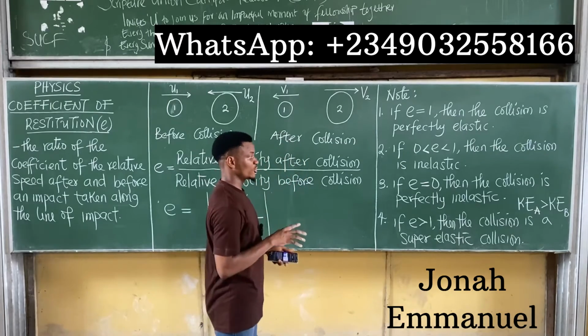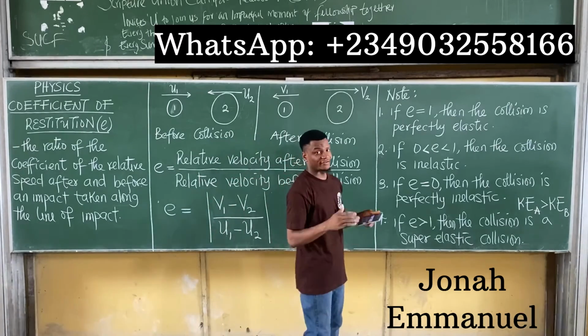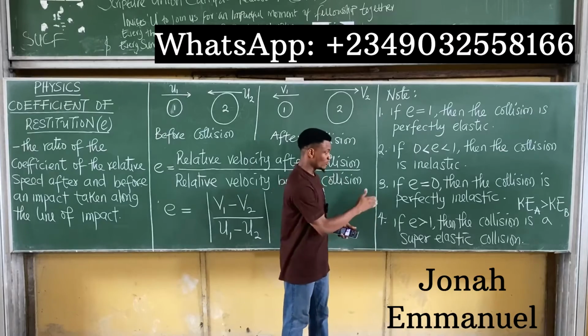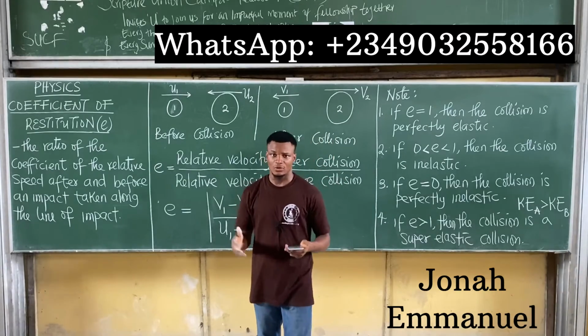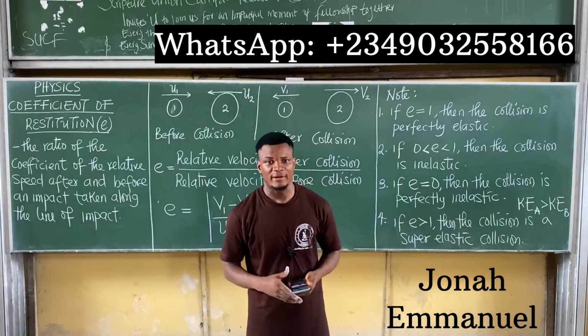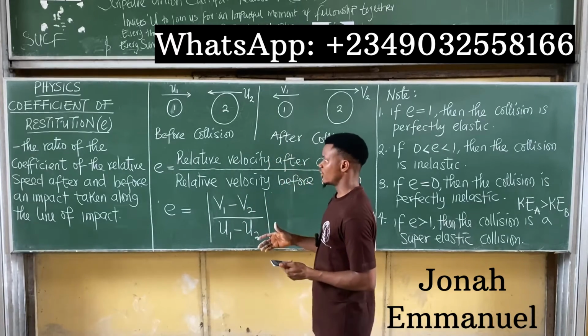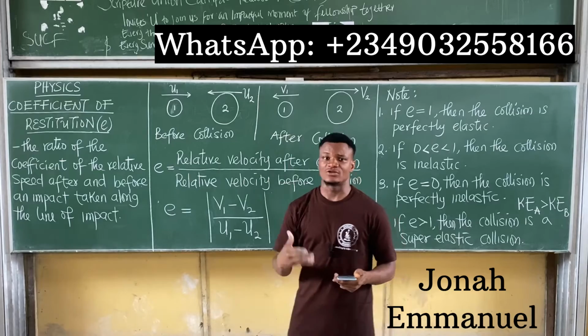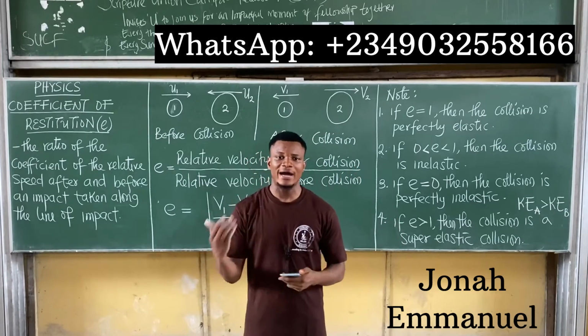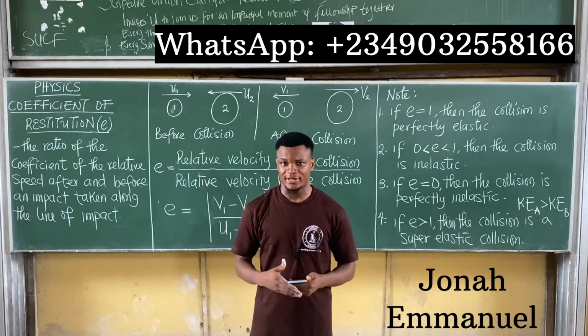Although this kind of collision happens in rare cases, it's called a superelastic collision. All right, so let's take a problem on collision, and then we see how we can use the concept of coefficient of restitution to determine what kind of collision is happening there.